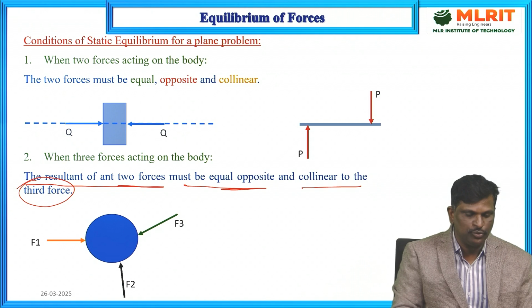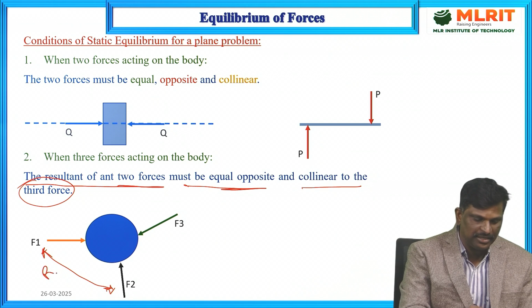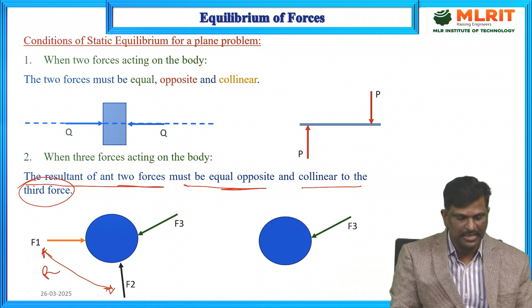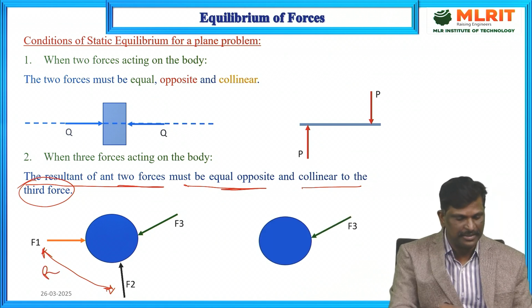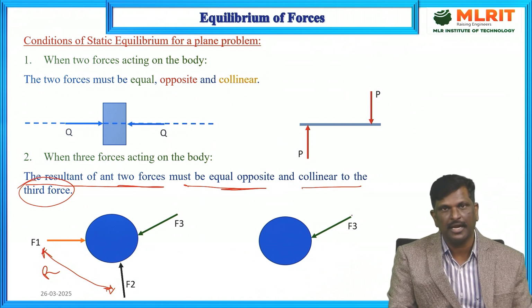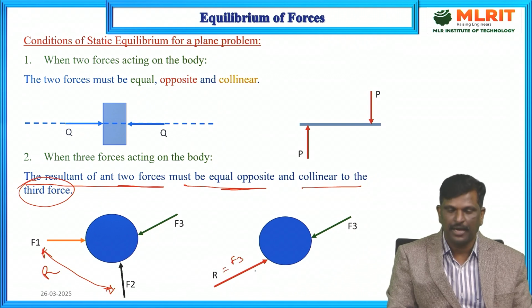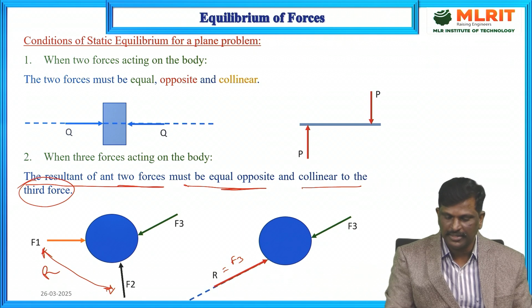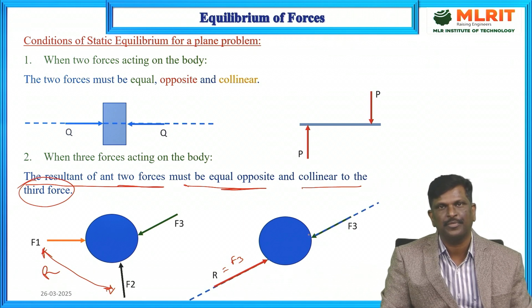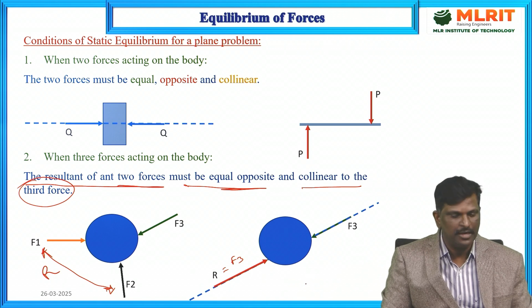You take any two forces, say F1, F2 in this example, and find their resultant. The resultant is equal to F3, in the opposite direction and along the same line of F3. Then only the body will be said to be under equilibrium.